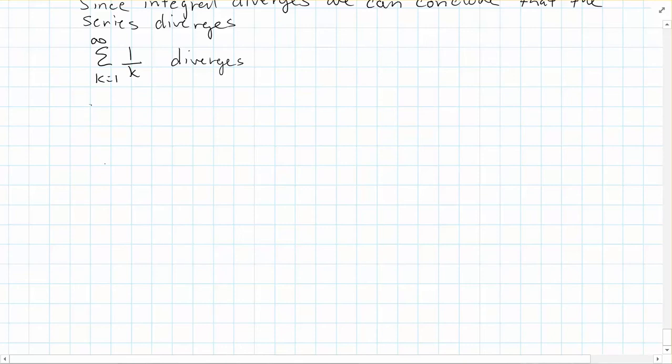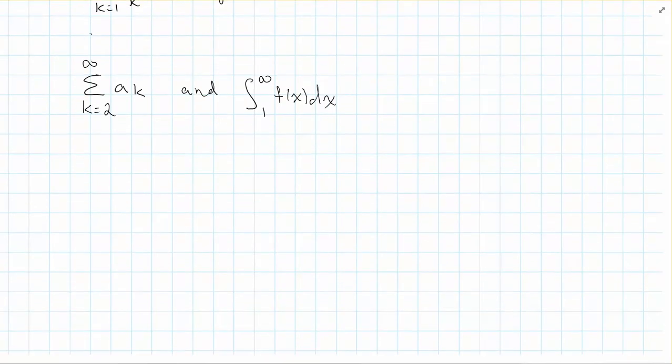We're going to look at the series from k equals, I'm going to start at 2, to infinity of a sub k, but I'm still going to do my integral from 1 to infinity. And I'm going to draw a picture of this, because the picture is going to really help us see here.